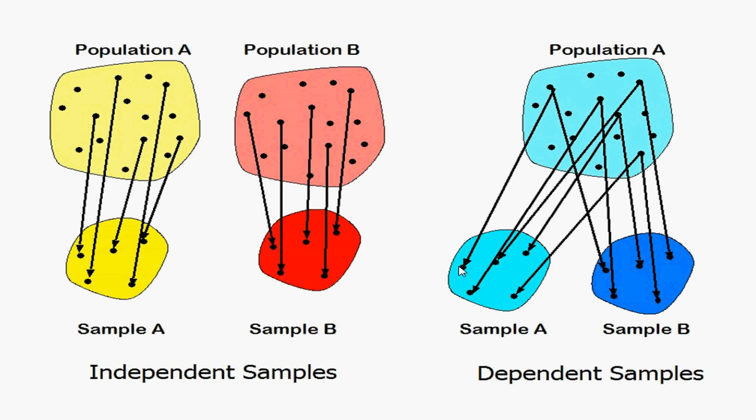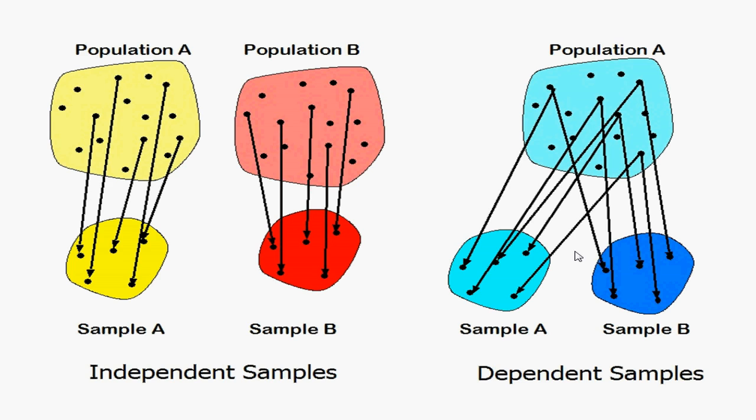So commonly what we see this situation arise is when we have a before and an after. We take a measure of elements of the population. Something might happen in between, a procedure, a test, a seminar, a program, what have you.